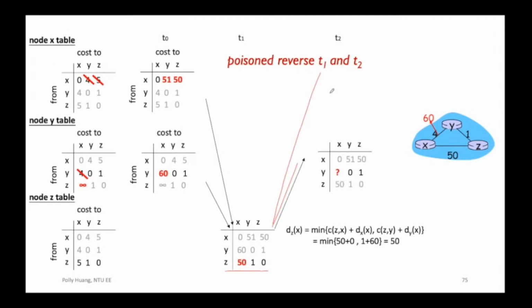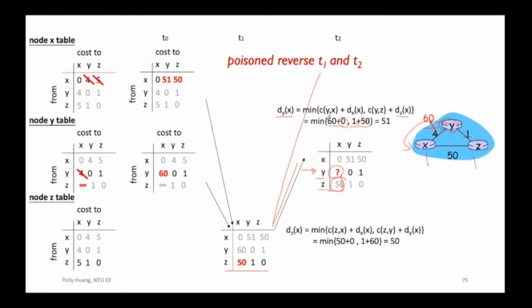Y is recalculating Dy again, and Dyx is going to be different as well. Two neighboring nodes, 60 and 1 are the link costs. Dxx is 0, and the Zx entry value is 50.